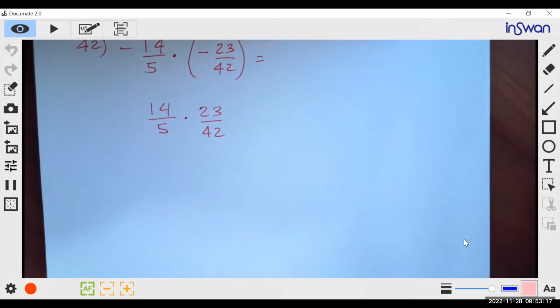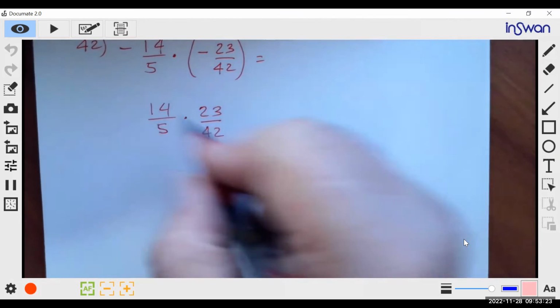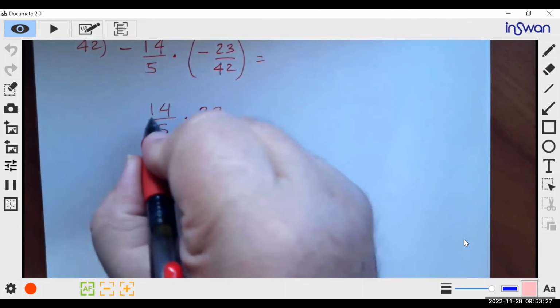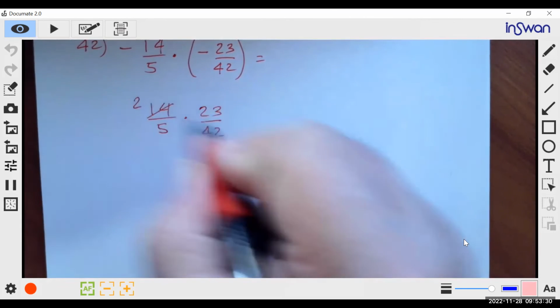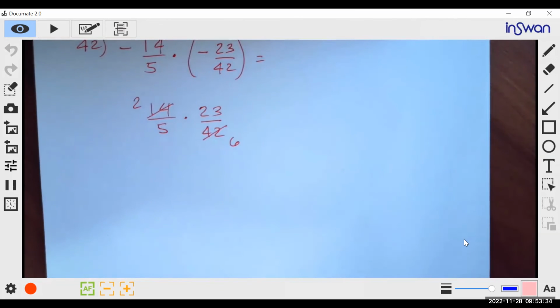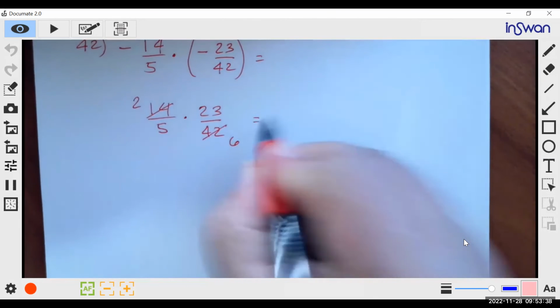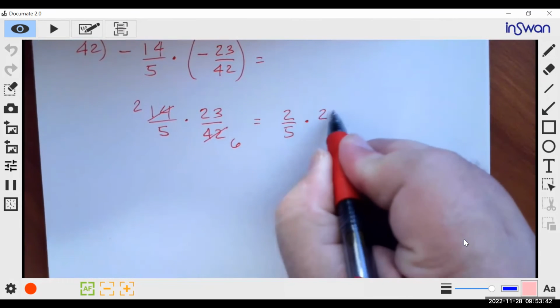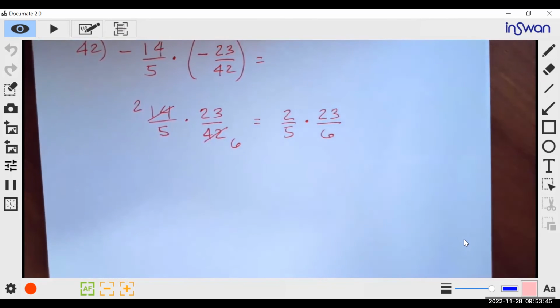Do they have anything in common? Yeah, 14 and 42, they both have a 7 in common. 7 goes into 14 twice. 7 goes into 42 6 times. How about anything else?